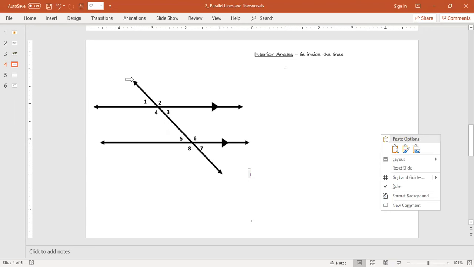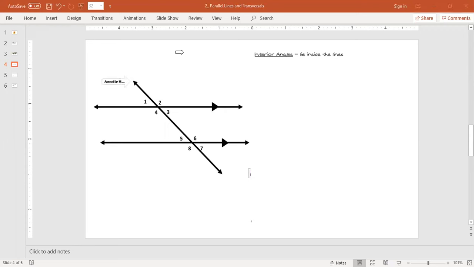So in this picture, here's my parallel lines, this is my transversal, and I'm going to label that for you guys. Let me do that. So this is called the transversal. It's the line that intersects the two parallel lines, okay? So this is the transversal right here, okay?